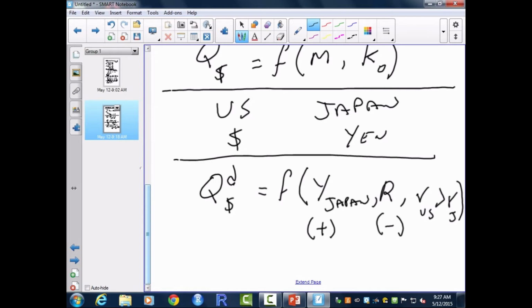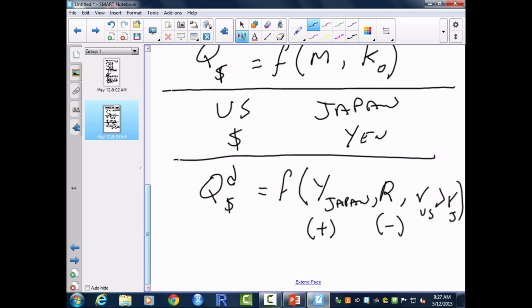So if the real interest rate in the US is higher than in Japan, then the Japanese would rather save their money in US banks or in US dollar, right?